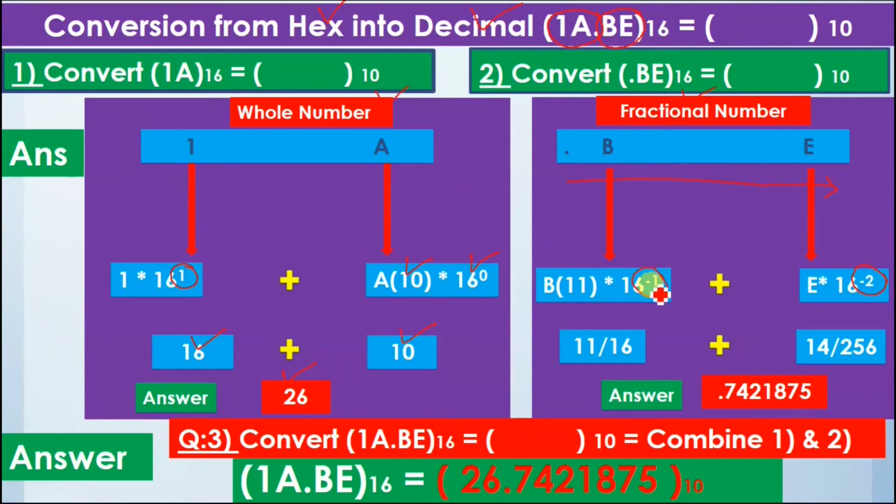Then we add them together, and here we get the fraction 11 by 16, and here we get 14 by 256, and then we add them and we get this value 0.7421875. Now again we will combine the answer of part 1 and also the answer of part 2, and we will get the final answer as 26.7421875 in decimal, which is the final answer.